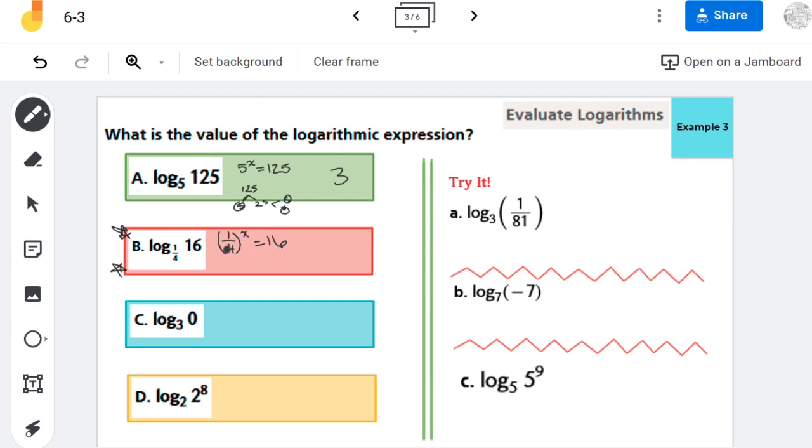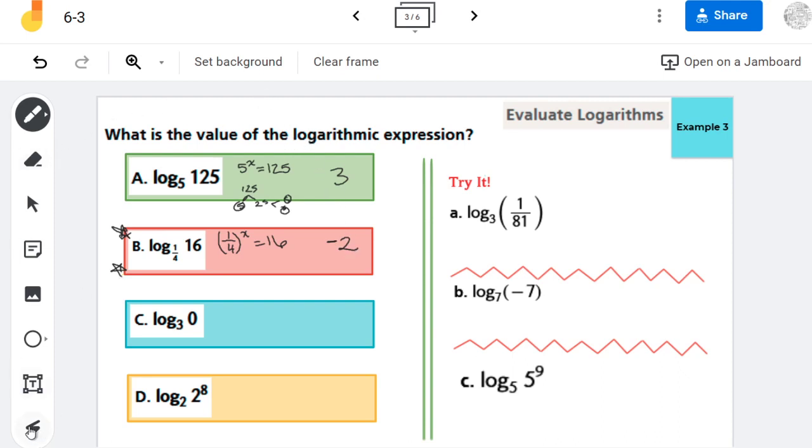So what that tells me is that my exponent needs to be a negative. Because otherwise, if I multiply 1/4 times 1/4, I'd get 1/16, not 16. So that negative is going to flip that 4 to the top and that 1 to the bottom. And that'll start getting me whole number solutions. And then what do I have to raise 4 to make it equal 16? That would be the second power.